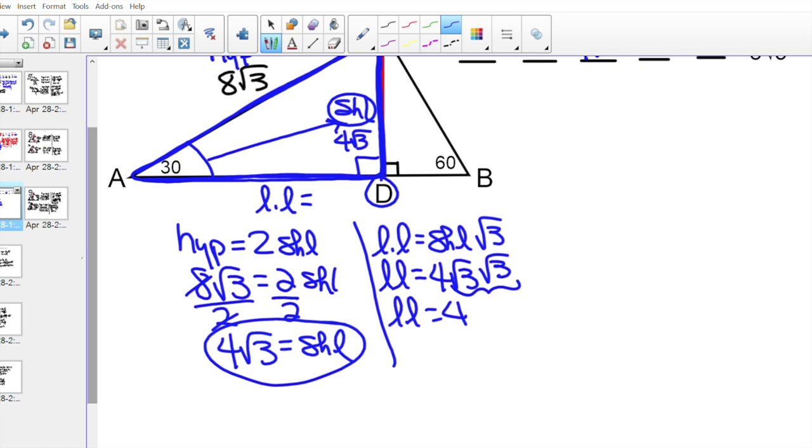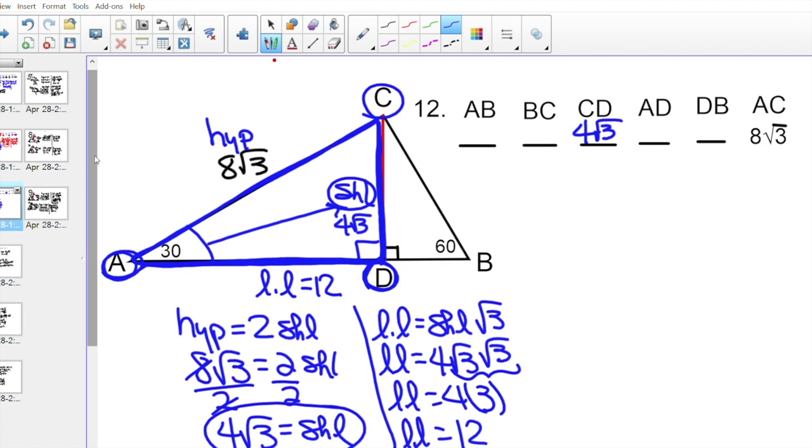And so the square root of 3 times the square root of 3 is 3. Now multiply, the longer leg is 12. So this side is 12. But remember, that's from A to D. So on our chart, AD is 12.